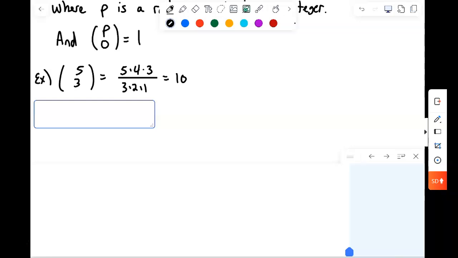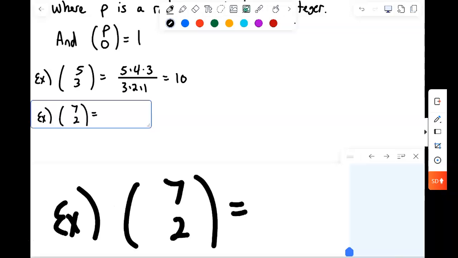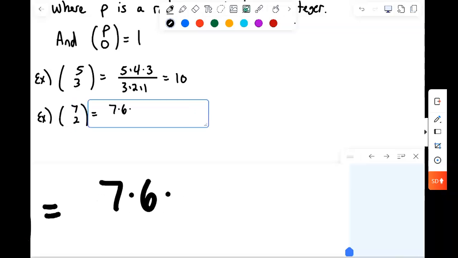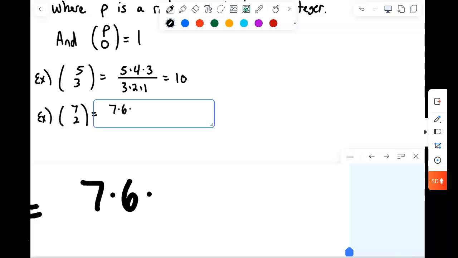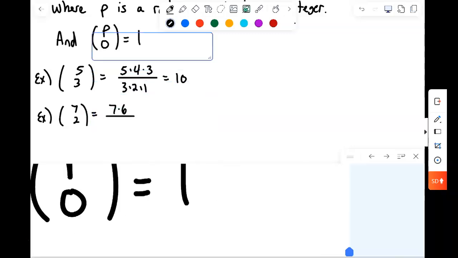As another example, 7 choose 2 would be 7 times 6. It goes down to 1 more than 7 minus 2, which would be 6.